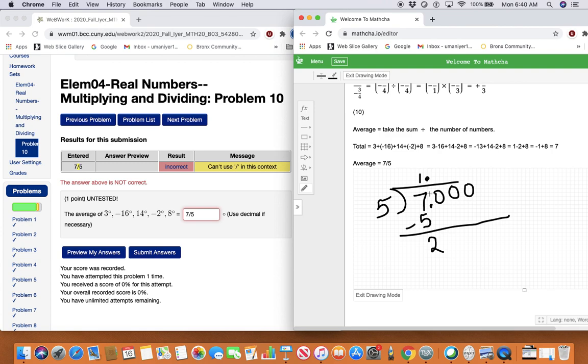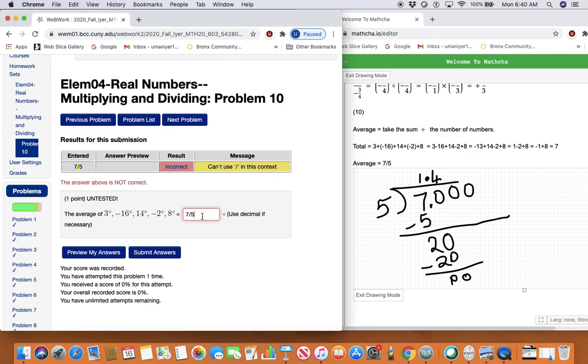Okay, place a decimal above this decimal. That gets me a 20. 5 goes in 20 4 times. And you are done with the division because you have remainder 0. So that is 1.4.